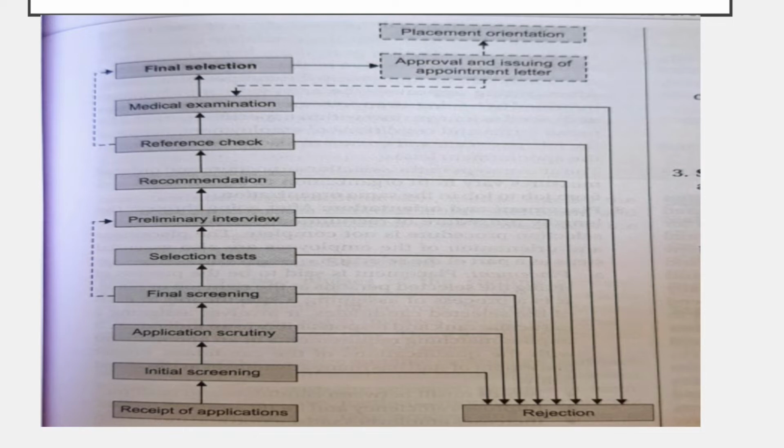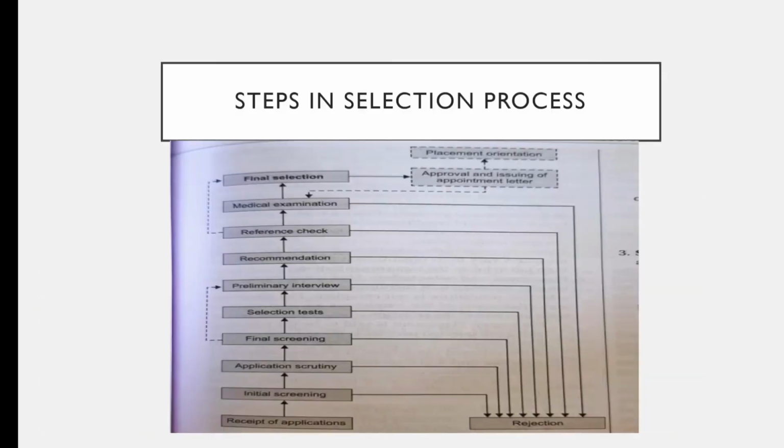Then comes the initial screening and scrutiny of applications. In the initial screening there are two steps, initial screening and scrutinizing. We are checking the received applications with their supporting documents.